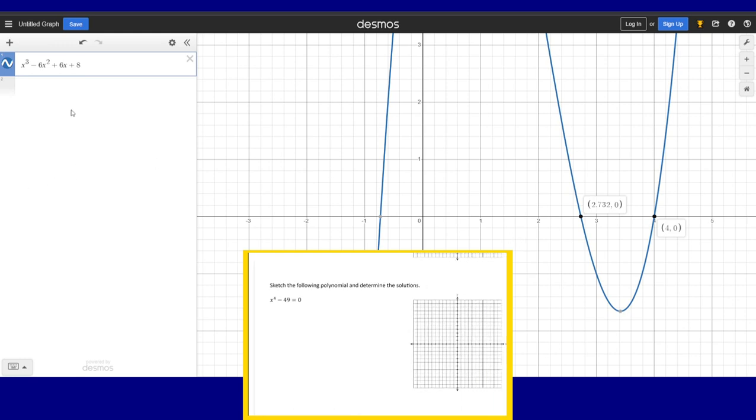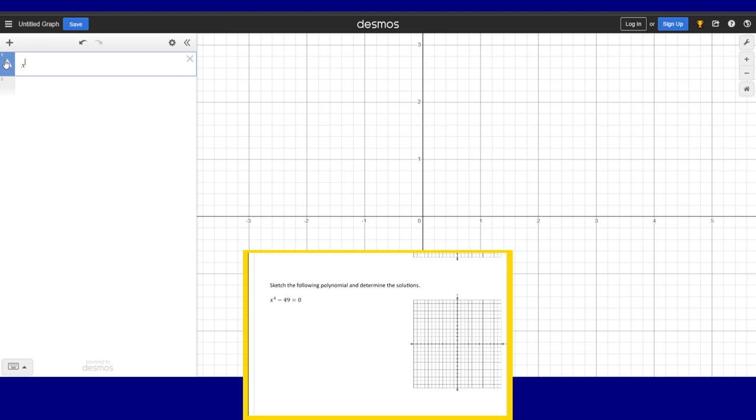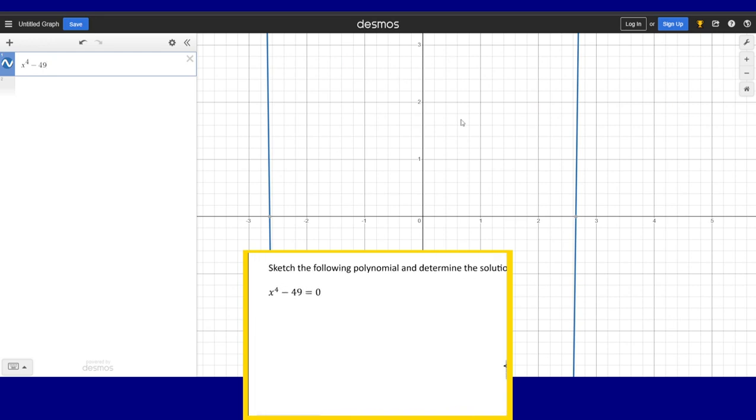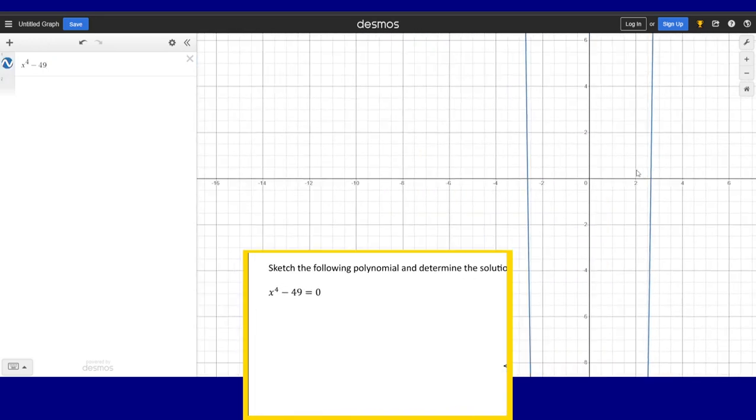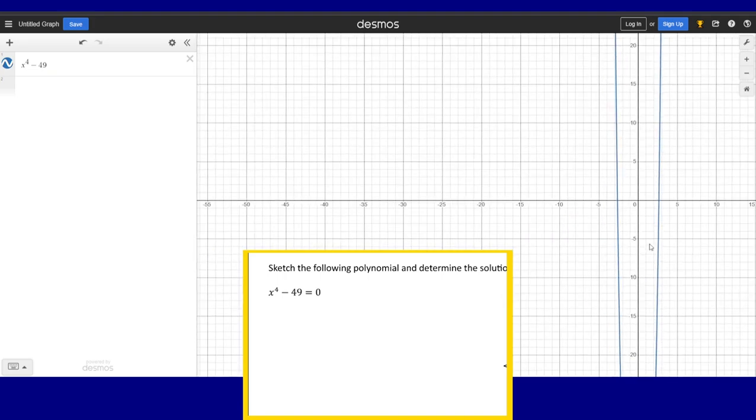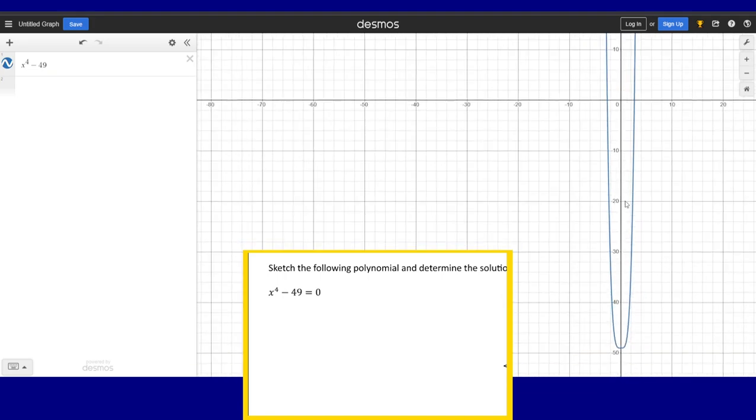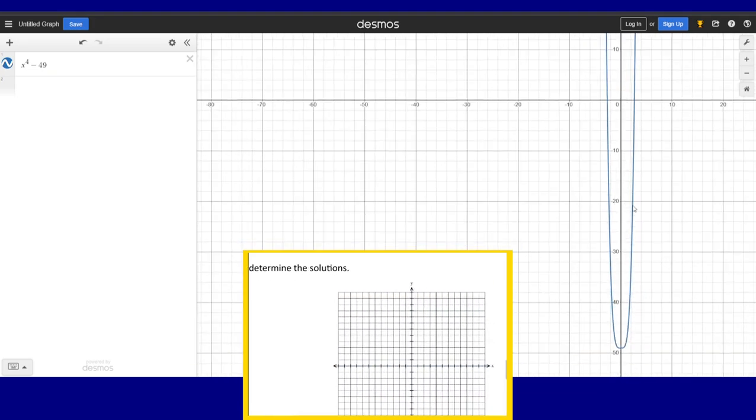One last example. x to the power of 4 minus 49. So we've graphed it. Maybe zoom out so we get a better idea of what it looks like. There's a good view of it.